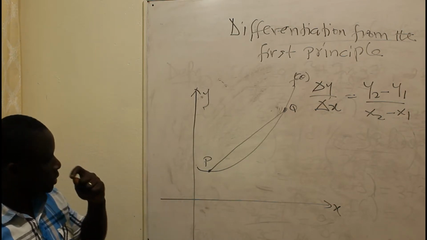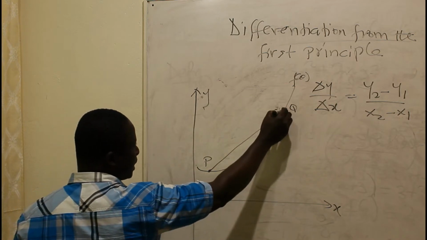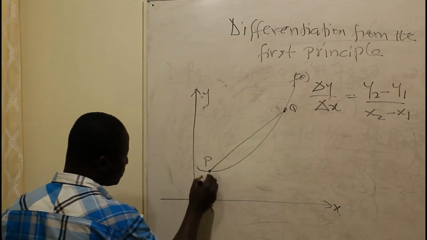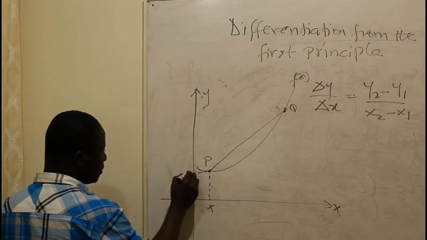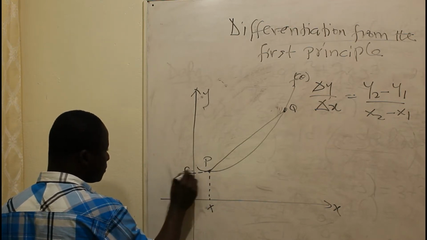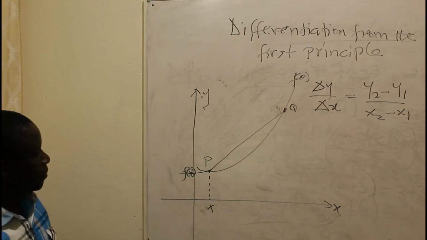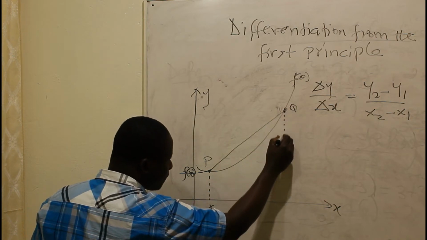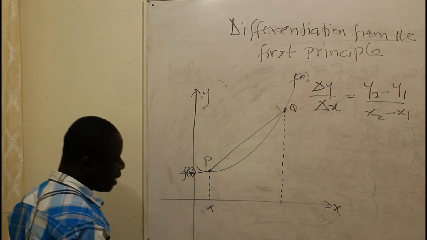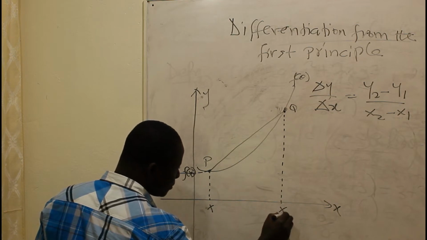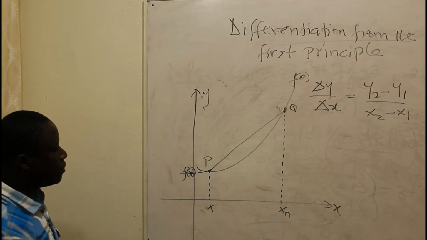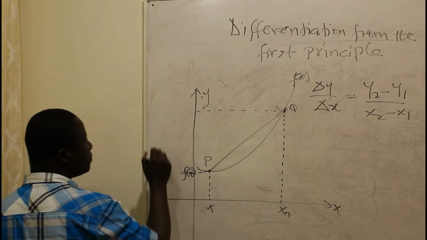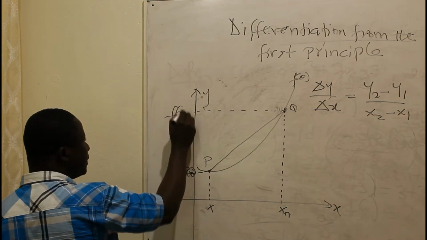If it is a chord, then at this point we have the x value here and then f of x. Then we also have another value xn. So when you put xn into this function, it will produce f of xn.